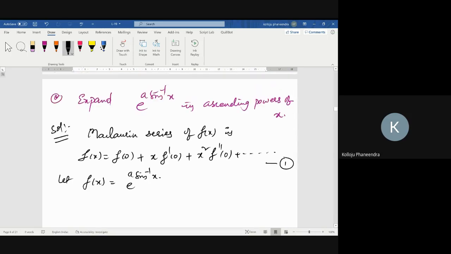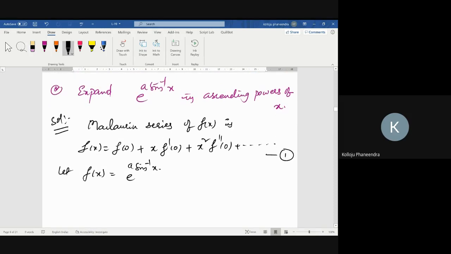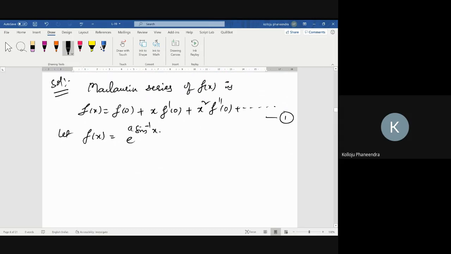But if you want more terms in the series expansion, see the logic. Instead of y equal to f of x, the general notation is y is a function of x. For our convenience, to write the derivative terms, let me take y, y1, y2 like that.